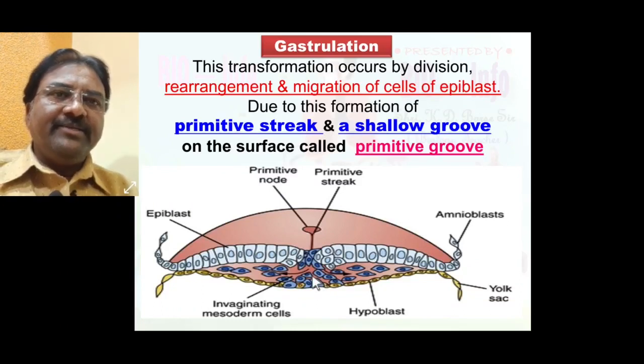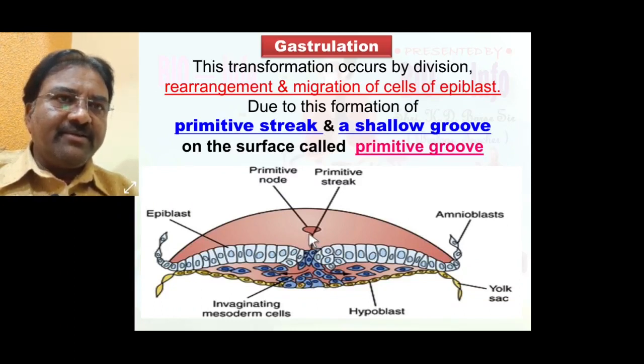So these are the epiblast cells migrating, and they lie in between the outer ectoderm layer and the endoderm layer. So the primitive streak and the shallow groove seen on the surface, called the primitive groove, are seen here in detail.